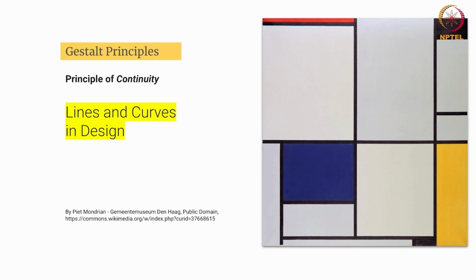Which is predominantly his way of expression, and it reflects his goal of achieving universal harmony and balance through abstraction. So this is another interesting piece where you can see how continuous lines are being used in the composition to create an essence of what the artist is trying to explore, right?